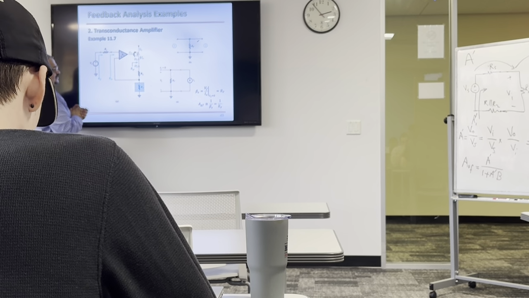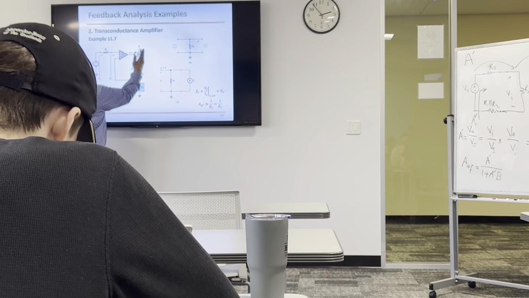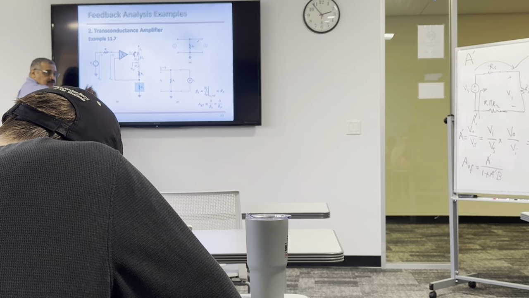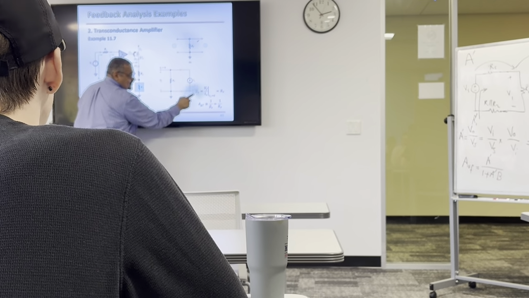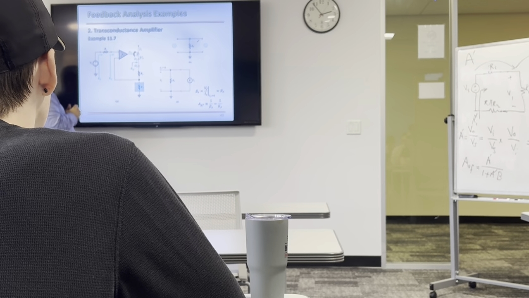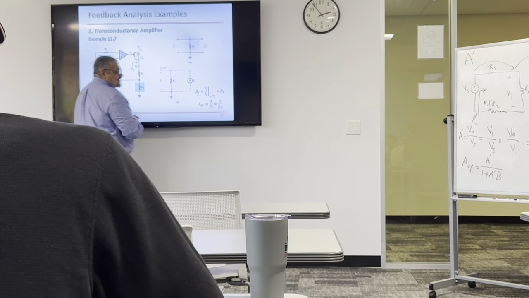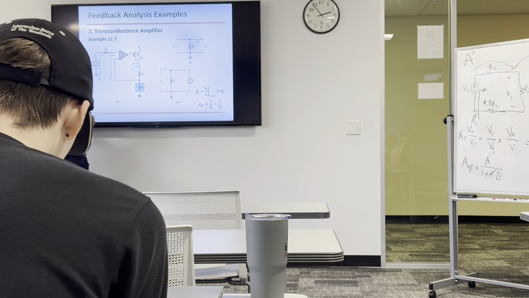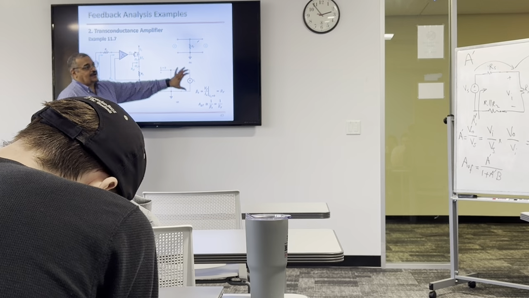So how much is beta in this case? First of all, if this A is a transconductance, then beta is the opposite, transresistance. So the unit of beta is going to be ohm, right? So this is a very important test, okay? This is why we call it beta Z. It's an impedance, it's a resistance. It's VF over IO. What's the relationship between VF and IO?